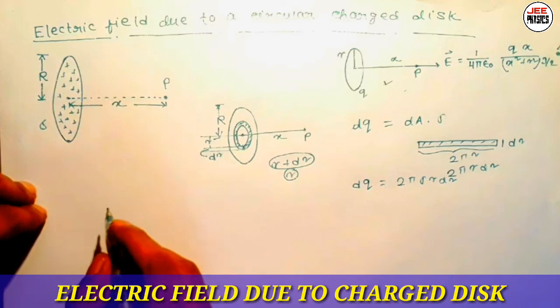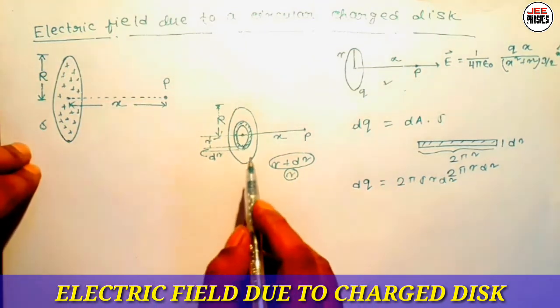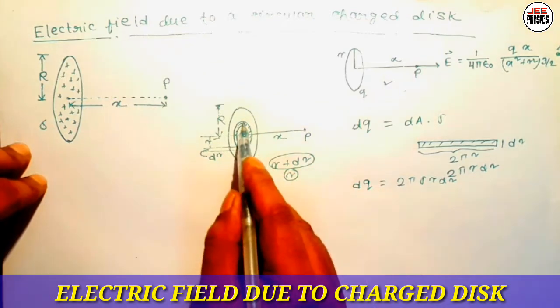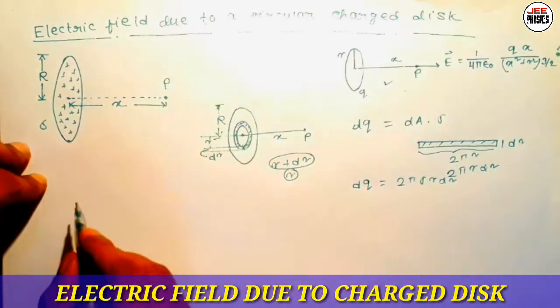Okay, now let us write the electric field at P due to this annular space. That means this portion.